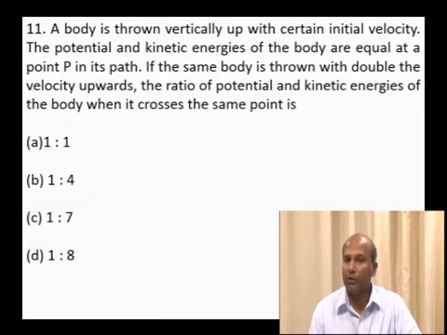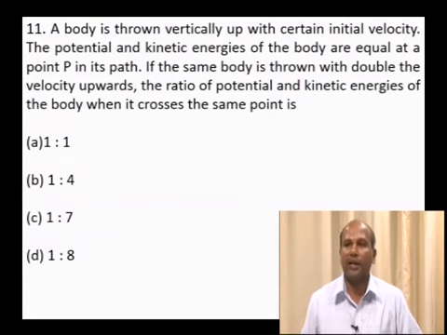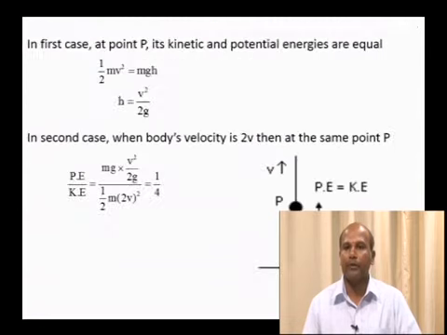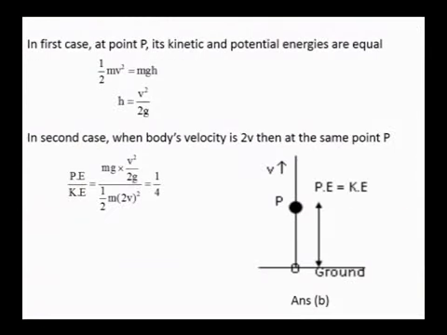A body is thrown vertically up with a certain initial velocity. The potential and kinetic energies of the body are equal at a point P in its path. If the same body is thrown with double the velocity upwards, what is the ratio of potential and kinetic energies of the body when it crosses the same point? So, in the first case, at a point P, its kinetic and potential energies are equal, and therefore equating the kinetic and potential energies at this particular height, we know that it is v square divided by 2h.